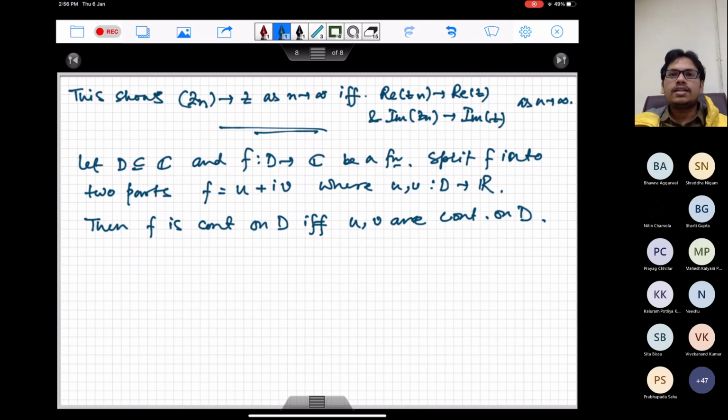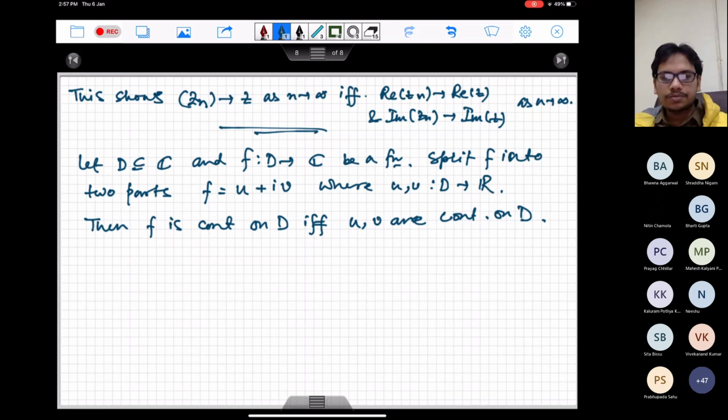Now, open intervals had this intrinsic property that they were connected. I will define what it means to say connected. That is the reason why we will also enforce this extra condition of being connected on our open sets.